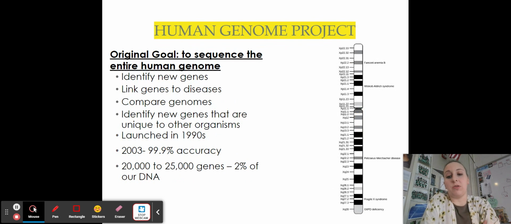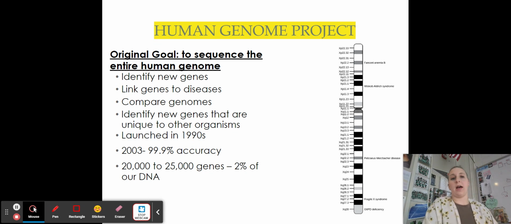The last little bit here is the Human Genome Project. The original goal of the Human Genome Project was to sequence the entire human genome. So to track out every single nucleotide, every single base, every single sugar, every single phosphate, and really just scan it out.